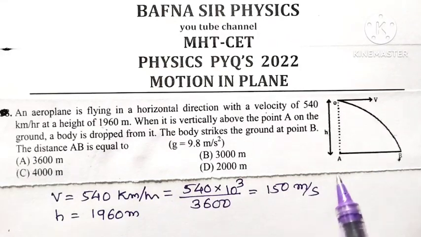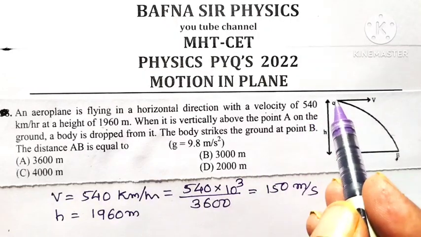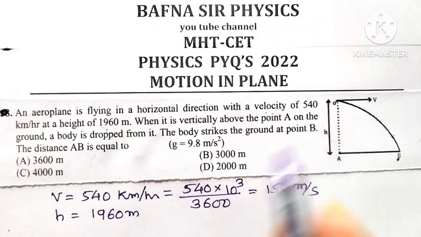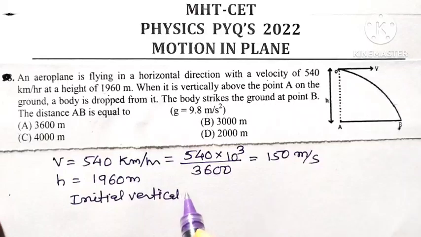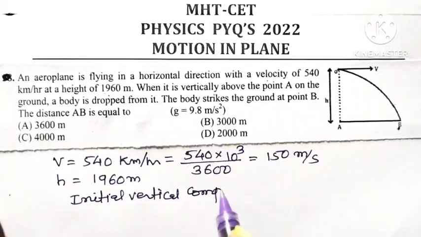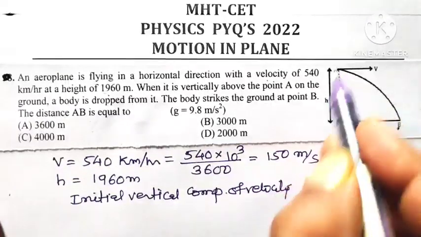Remember, what is the initial vertical component of velocity at point O?